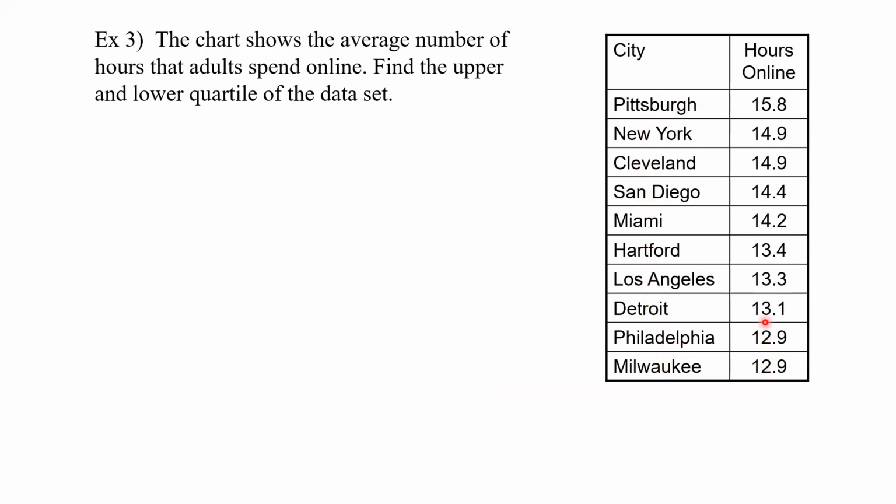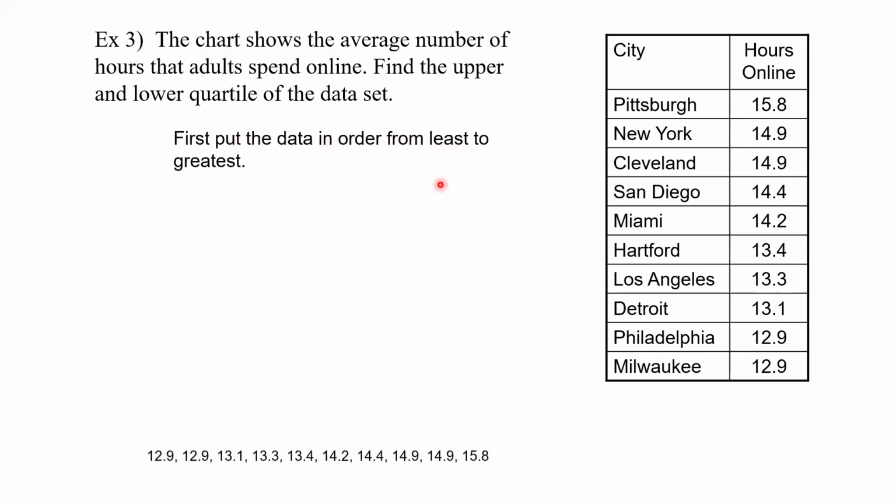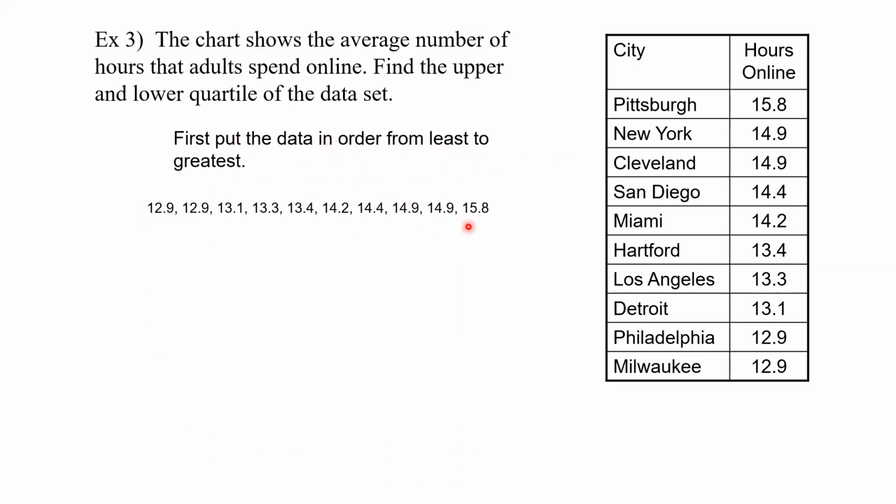That means that when you count 4 and when you count 4 this side, you remain with these 2. Okay, that is 14.2 and 13.4 as your middlemost values. So first of all, you have to arrange the data, and you can see this is well arranged. Now locate the median to separate them into halves. So as you can see, it will be 14.2 and 13.4. So these values in between here.